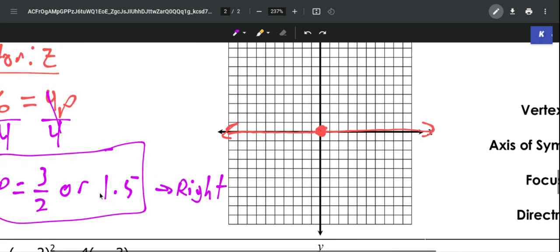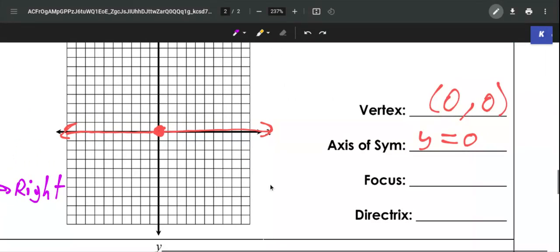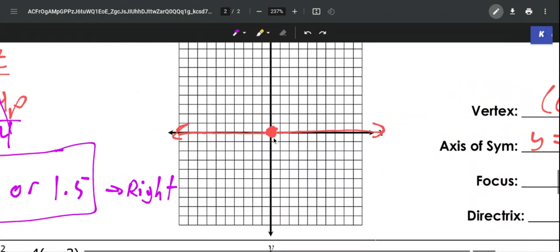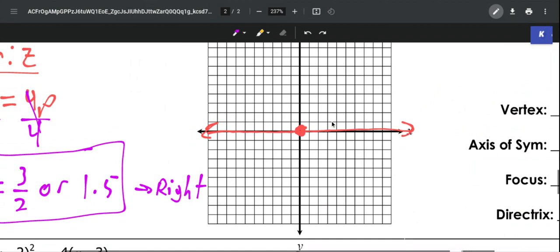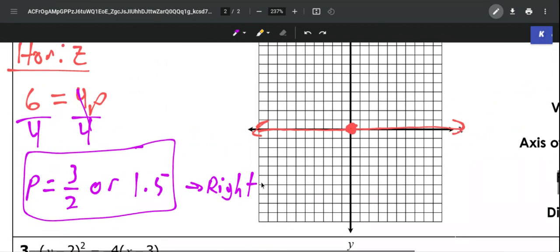All right, so now just like I said, if we want to know the focus, we're going to start at the center and we're going to count P units to the right, since this parabola is opening up to the right. And since we're on the x-axis, that 3 over 2 or 1.5 is positive, so we're moving right because all my positive numbers move right.